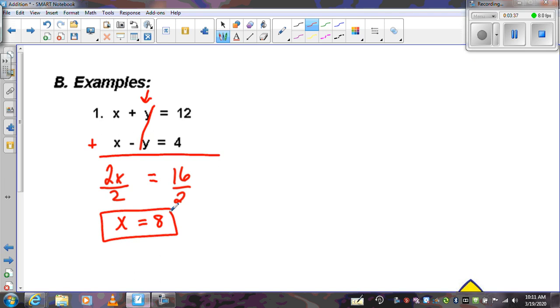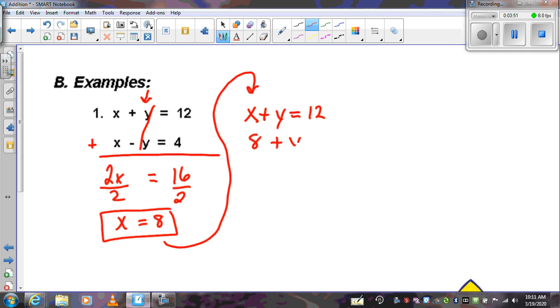Now you're going to take that 8 and put it into either one of the equations. Doesn't matter. I'm going to put it in this one. I'm going to take that 8 and put it in for x. And I get y is equal to 4.